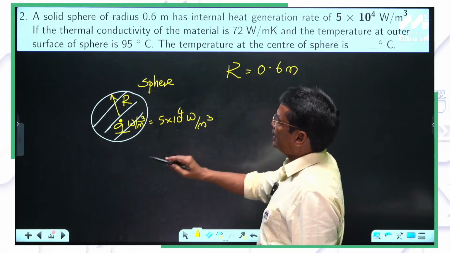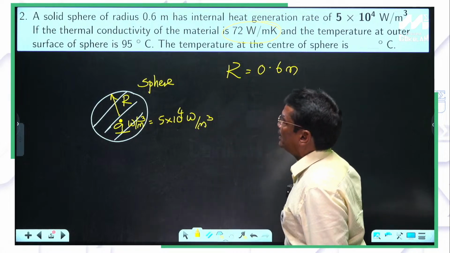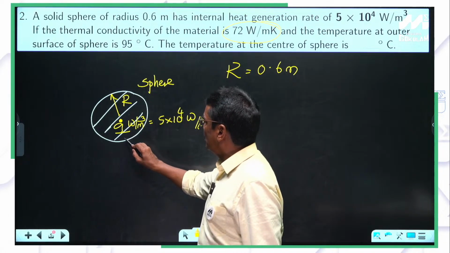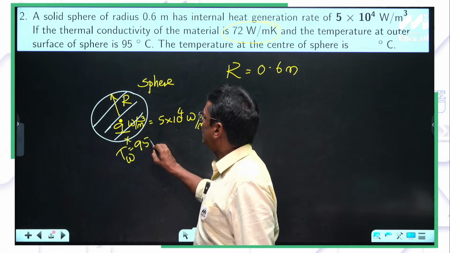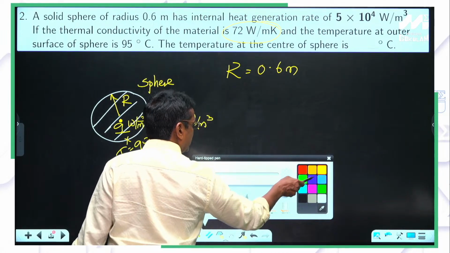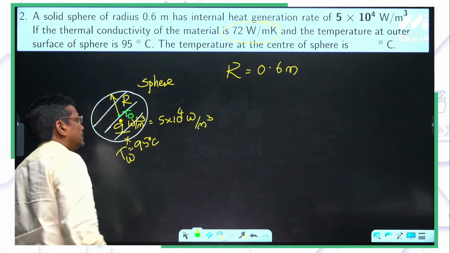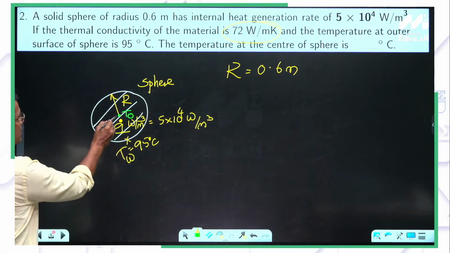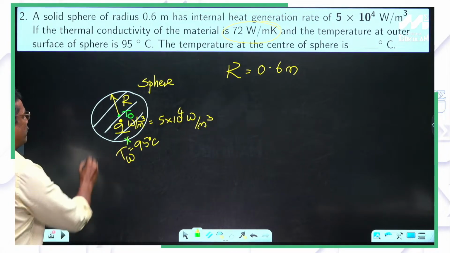If the thermal conductivity of the material is 72 watt per meter Kelvin, and the temperature at the outer surface of the sphere, TW, is 95 degrees Celsius, what is the temperature at the center? T naught is the temperature at the center, and TW is the surface temperature.